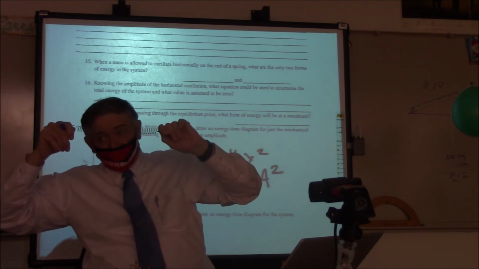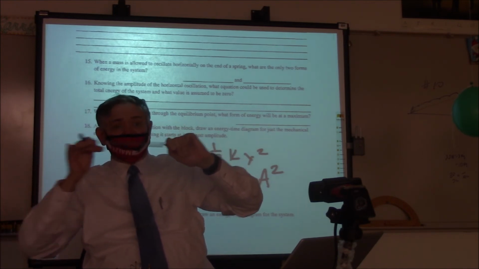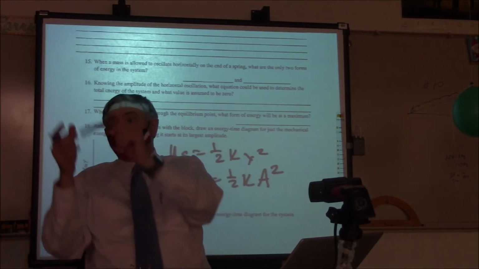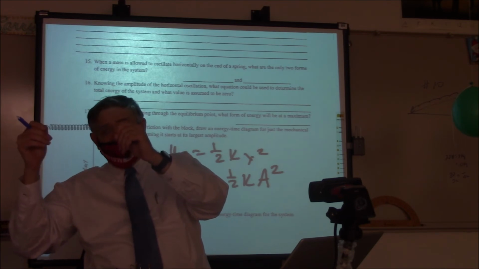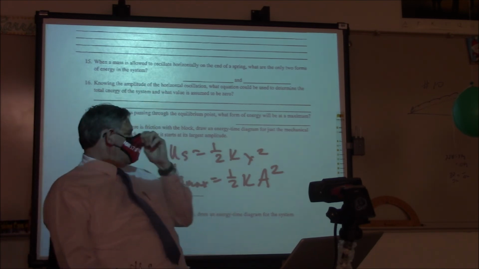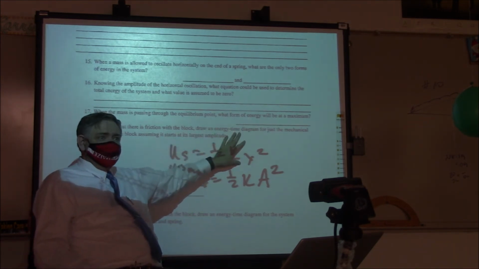It stopped because it's going to change direction. I don't have any kinetic energy. That's my amplitude, that's my maximum Us. Now, when it pulls back and goes through that equilibrium point, there's no Us. It's all kinetic energy at that point.